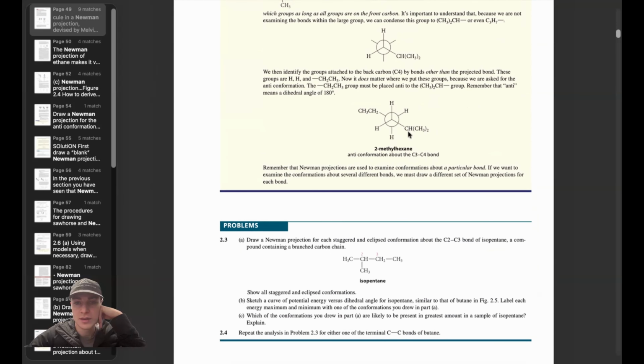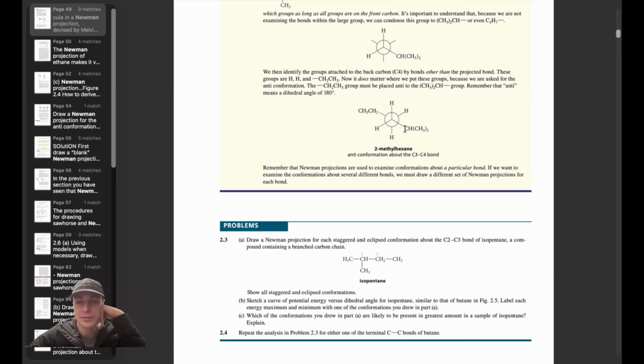We're focused on the actual Newman projection construction itself, and the relationship between these groups. The point represents the front carbon, and then the big circle in the back represents the back carbon, and the lines coming off of the back carbon typically are shorter and represent, again, the groups coming off of it.